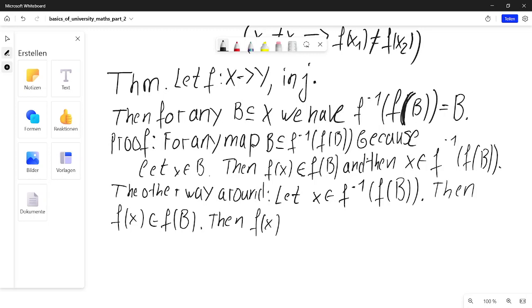f of x, just by definition of the set, is equal to, because if it is an element of f of b, then f of x is the same mathematical object, or more precisely, the same element as f of b for some b in b, because being an element means it is a mathematical object that has the form f of b for some b in b, because that is the definition of the set, right?